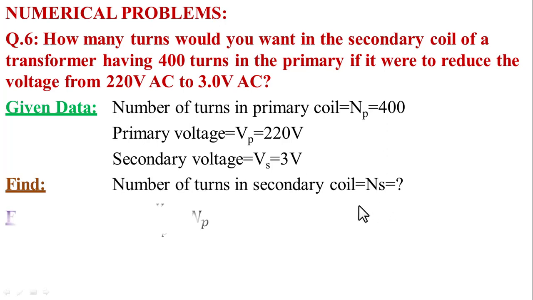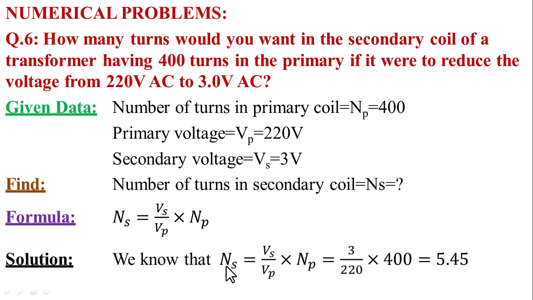So we can find the solution using the formula Ns is equal to Vs over Vp multiplied by Np. For the solution, we know that Ns is equal to Vs over Vp multiplied by Np.